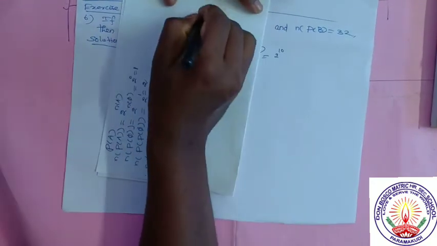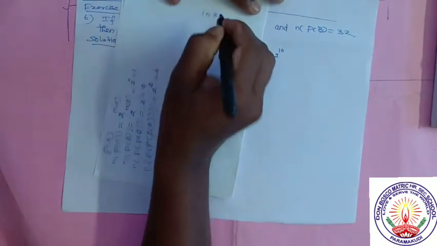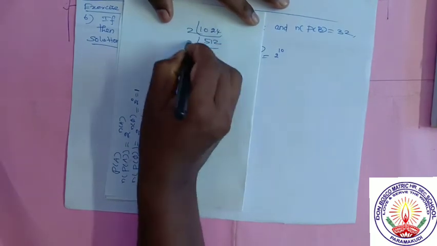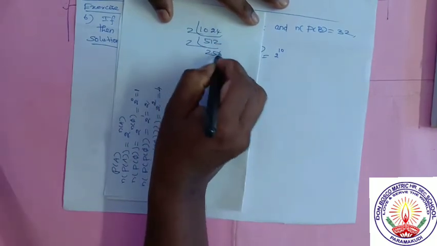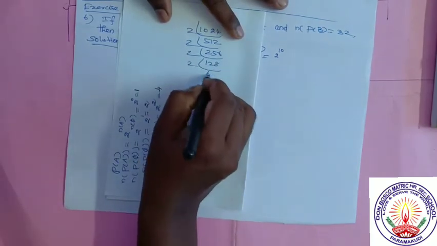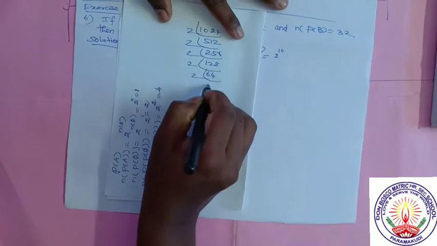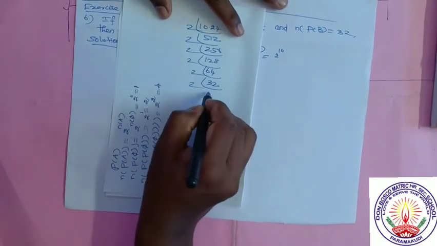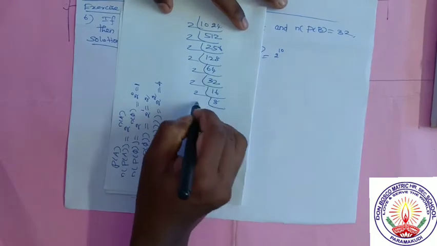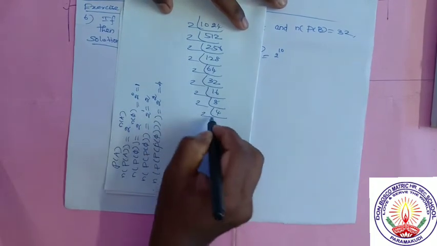Factorize: 1024 divided by 2 is 512, divided by 2 is 256, divided by 2 is 128, divided by 2 is 64, divided by 2 is 32, divided by 2 is 16, then 8, then 4, and 2 twos are 4.